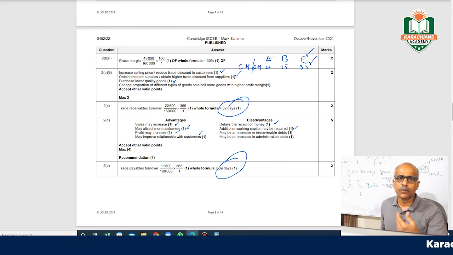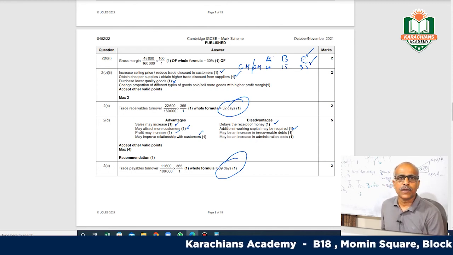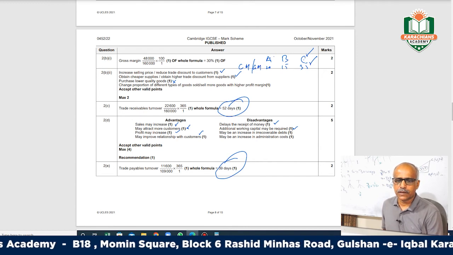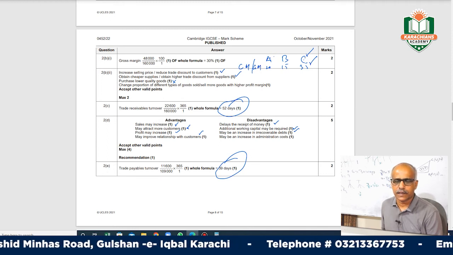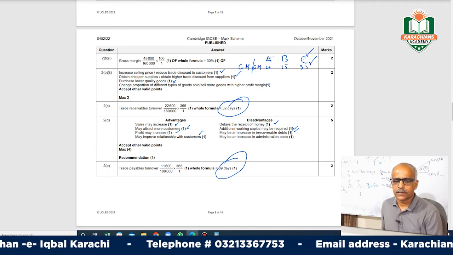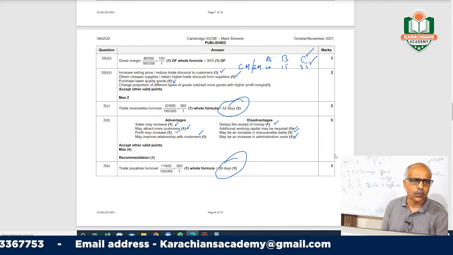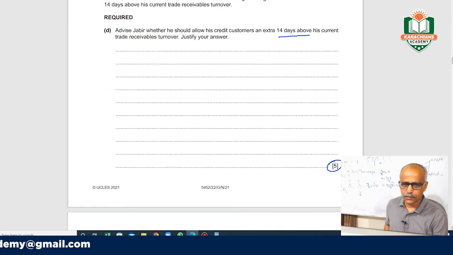So you will have to go to the bank for help. Irrecoverable debts increase, as I explained, and maybe administration cost increases. So this is answer B.